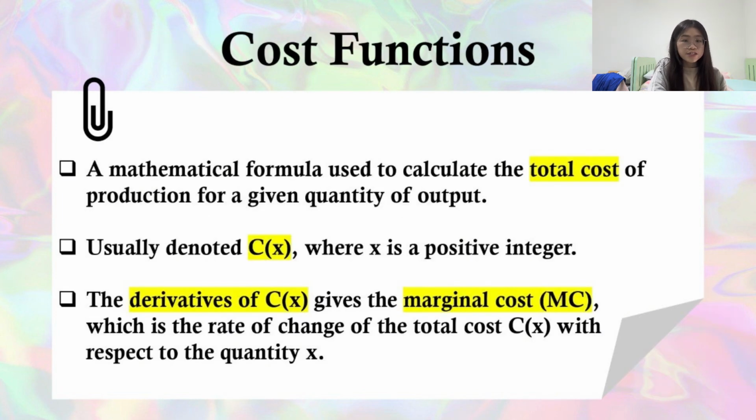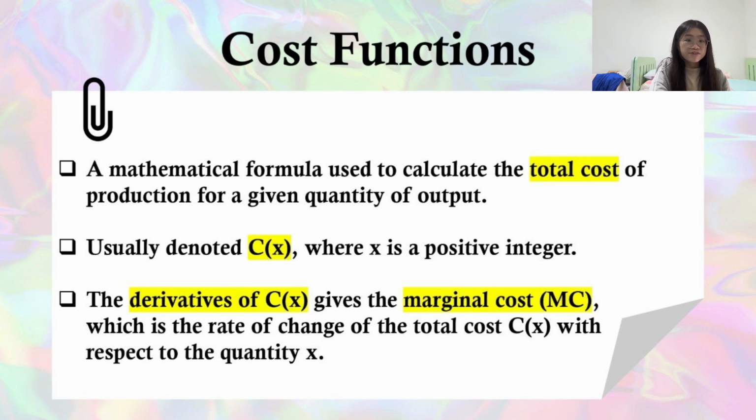The cost function is a mathematical formula used to calculate the total cost of production for a given quantity of output. It is usually denoted C(x), where x is a positive integer.